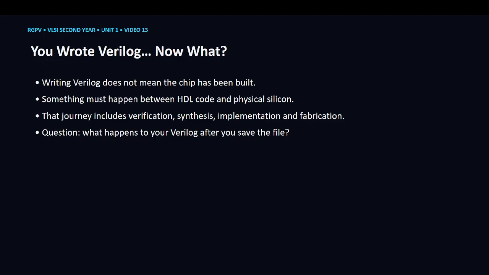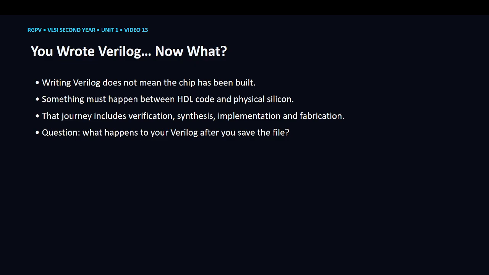Imagine you just wrote 500 lines of Verilog. Nice, but now what? Does the computer take those lines, print them onto silicon and magically give you a chip? Obviously not. Something happens between Verilog code and the real world.